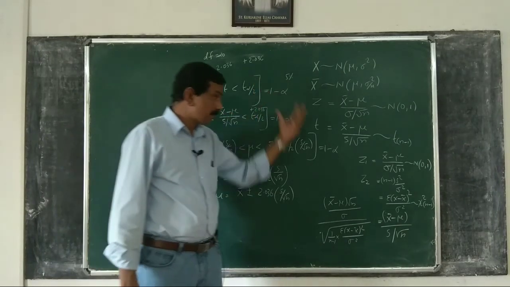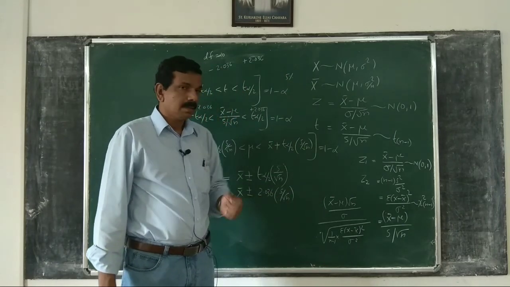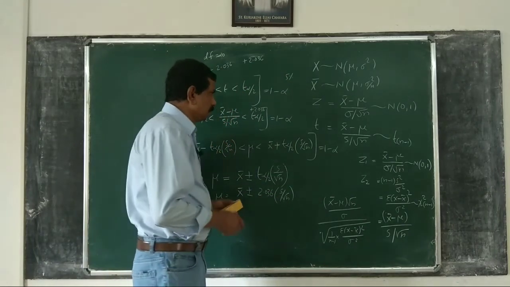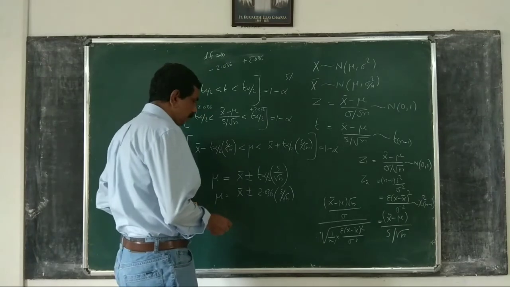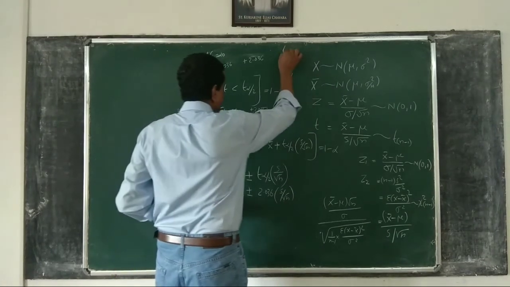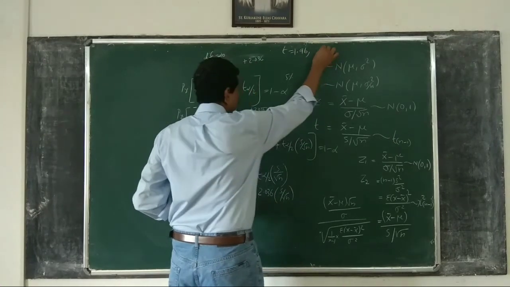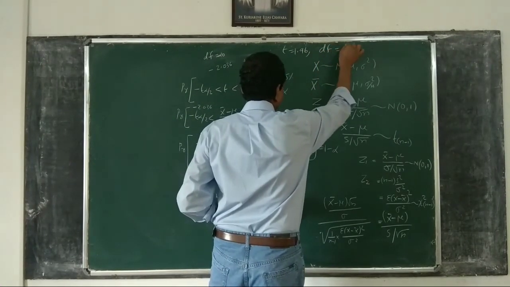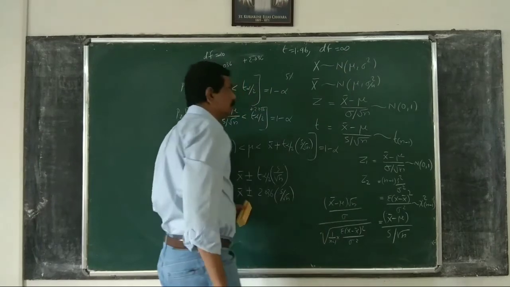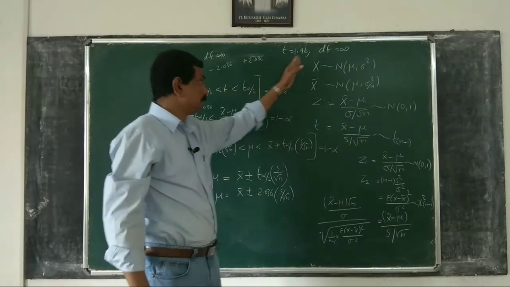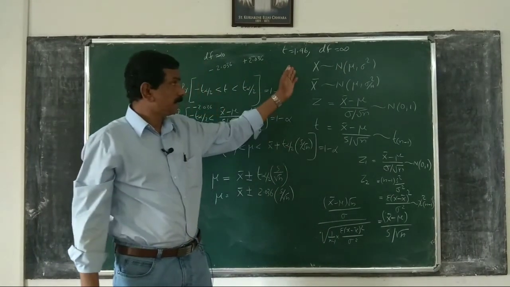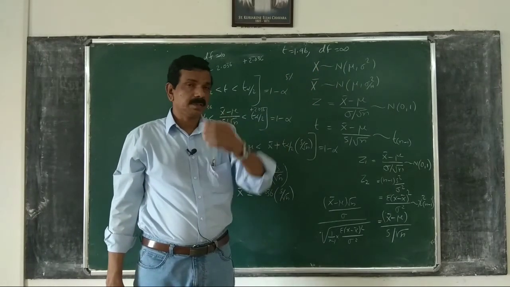But technically, you will get a T value equal to 1.96 only when degrees of freedom is infinity.